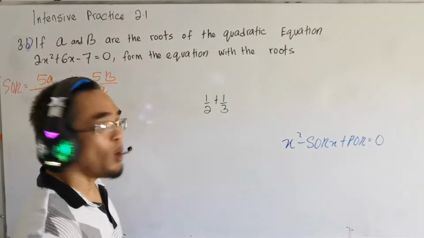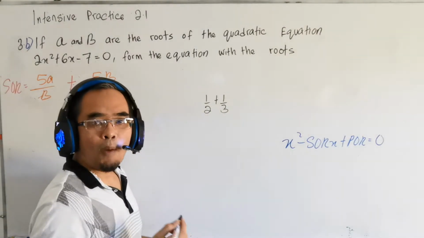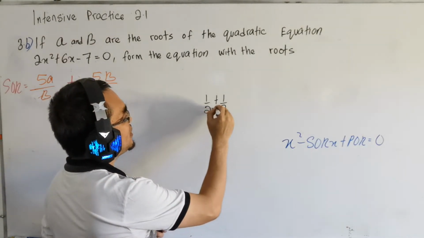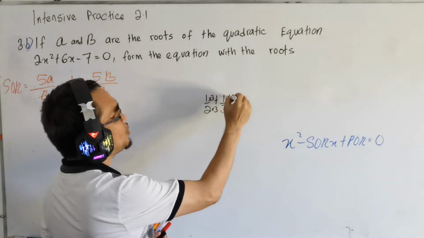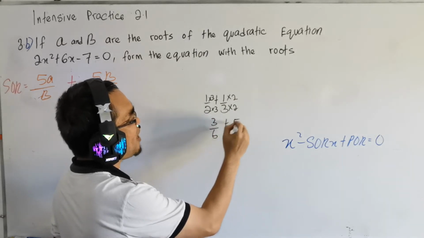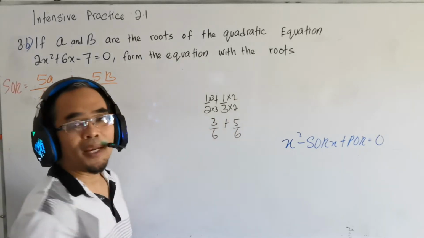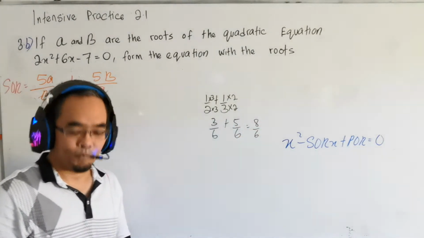Is it 1 over 5? No, you have to make sure you have a common denominator. So we multiply by 3 here and by 2 here, and it becomes 3 over 6 plus 2 over 6. Then you can add, so it becomes 5 over 6.